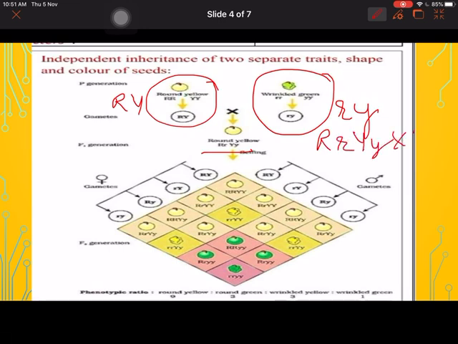When we do the selfing of this F1 generation, we'll get these gametes which we discussed in the last slide.